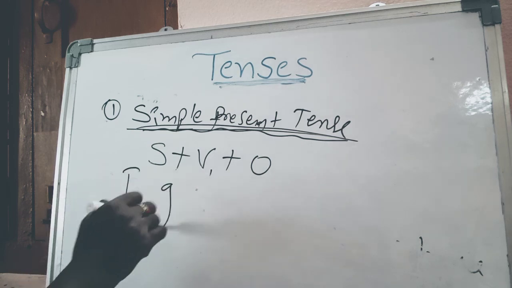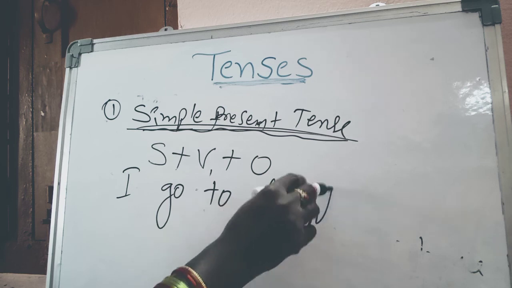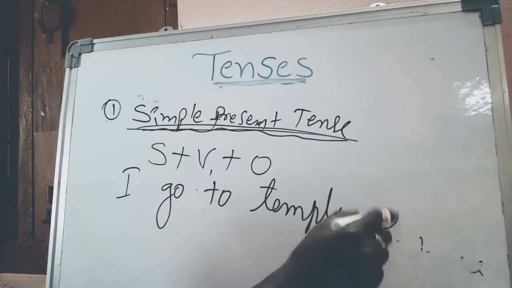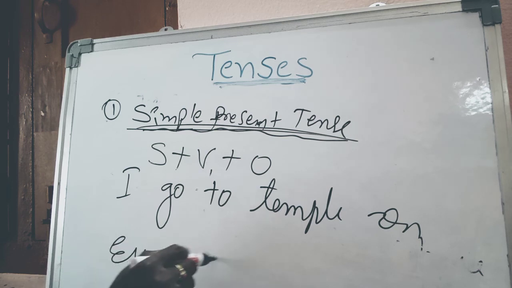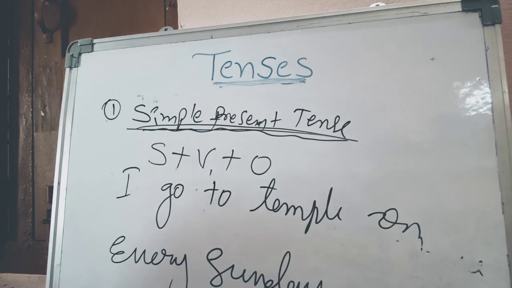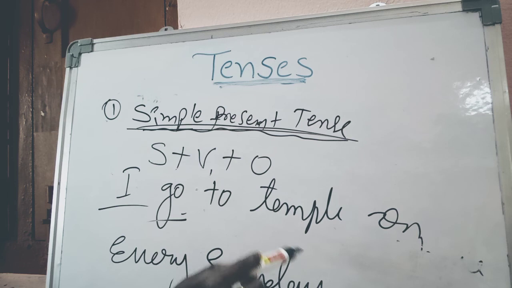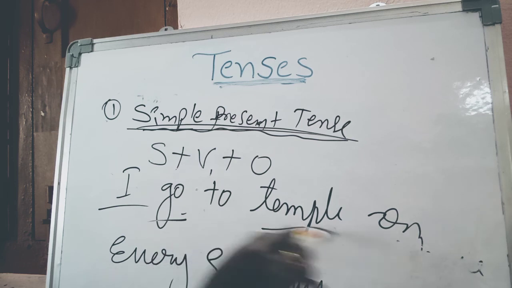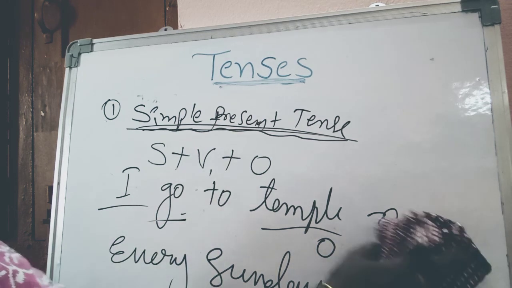I go to temple on every Sunday. Here I is the subject, go is the V1, temple is the object. This is an example of simple present tense.